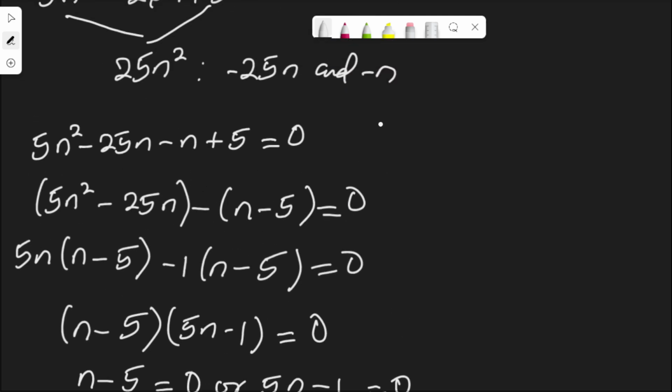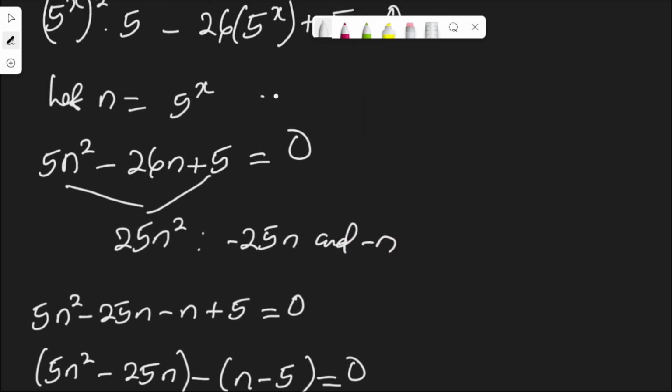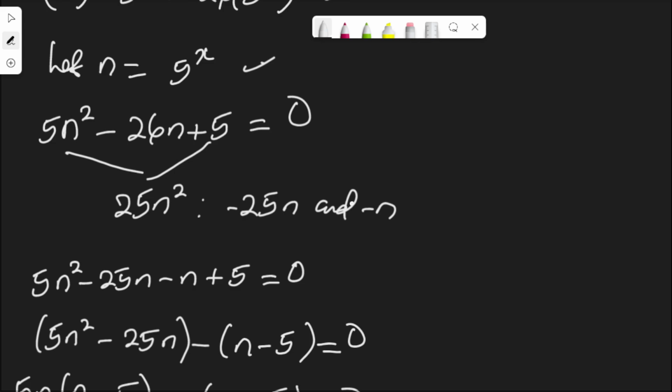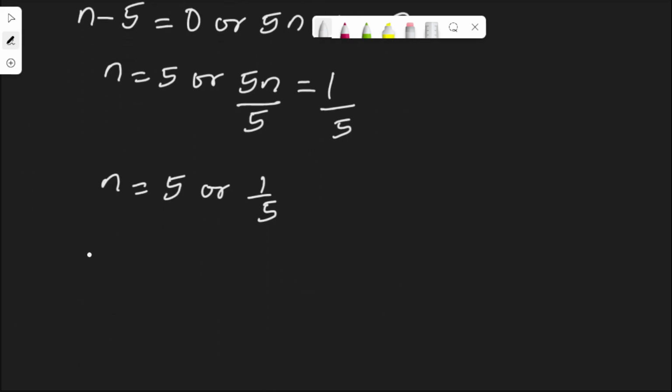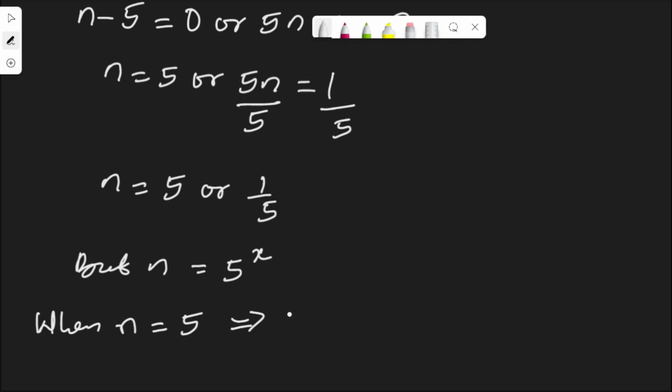But from the onset, n is 5 to the power of x. Therefore, when n is 5, it implies 5 to the power of x is 5 to the power of 1, which means x is equal to 1.